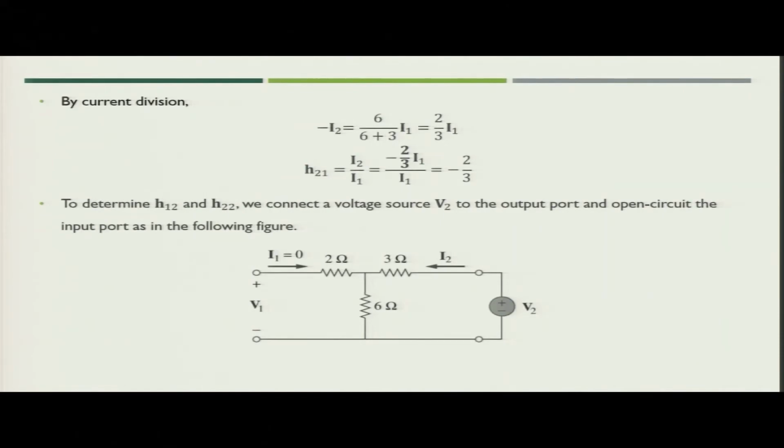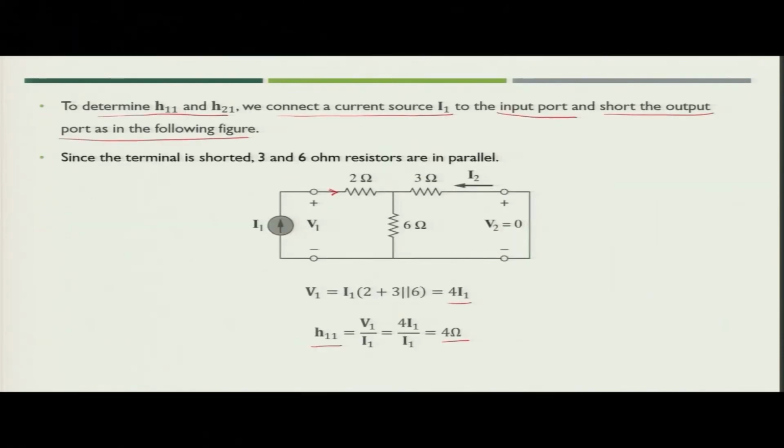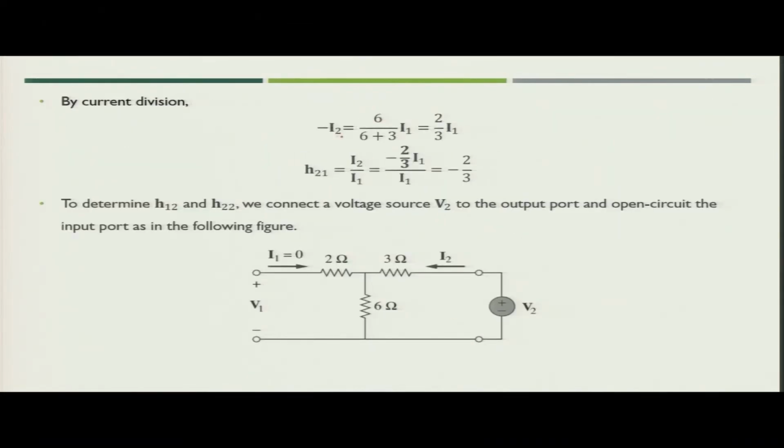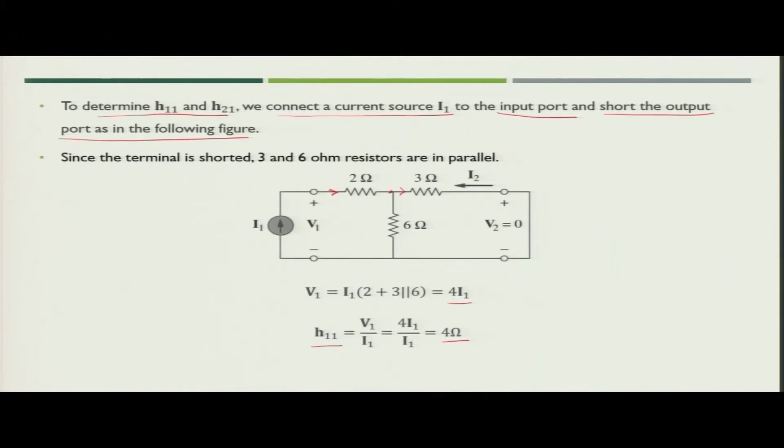Now in the second case, you will utilize current division at this point. The current which is flowing here will be divided between the 3 ohm and 6 ohm resistances. Using current division, you can find the current flowing through the 3 ohm resistance, but here the current is also minus I2, because the direction of current is opposite.